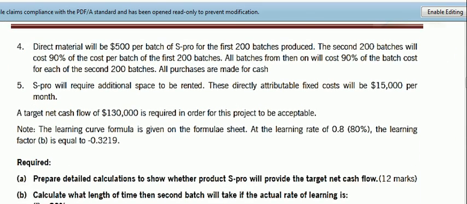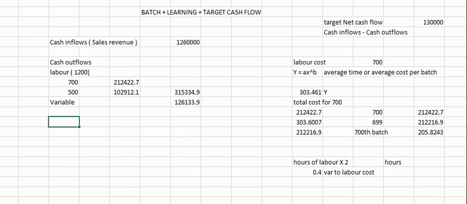Further, we have the direct material cost. It says that direct material will be $500 per batch of S-Pro for the first 200 batches. Every batch till the first 200 batches will cost us 500. The second 200 batches will cost 90% of the cost per batch for the first 200 batches.